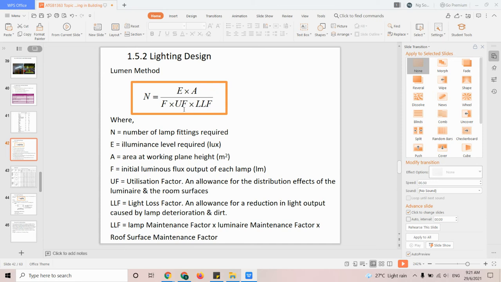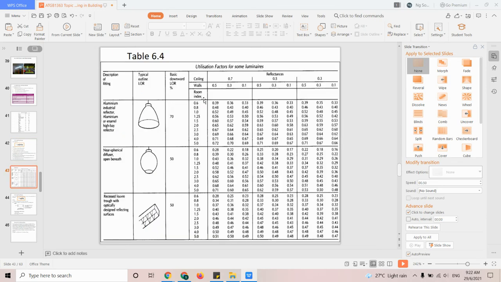So UF is a factor. This is the utilization factor. And then you have your light loss factor.